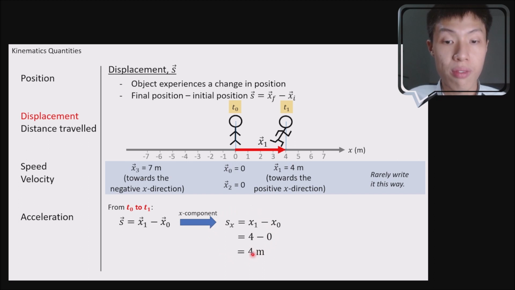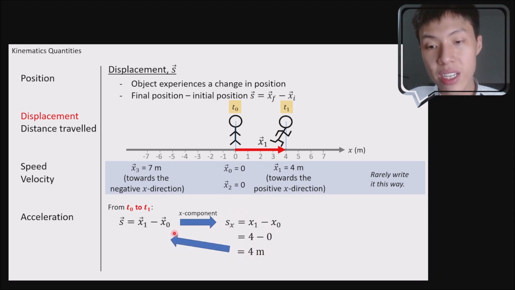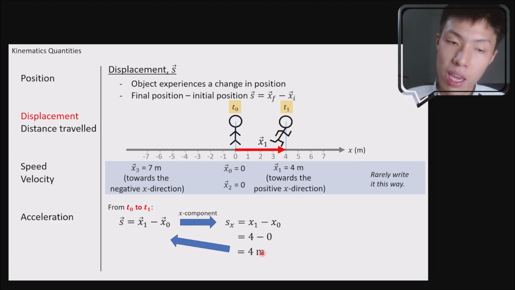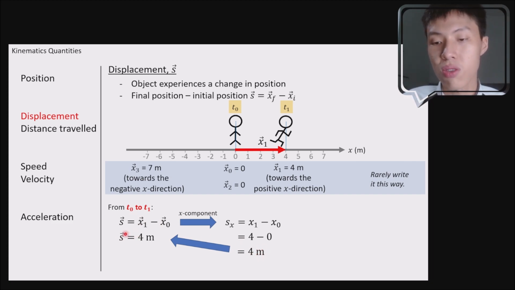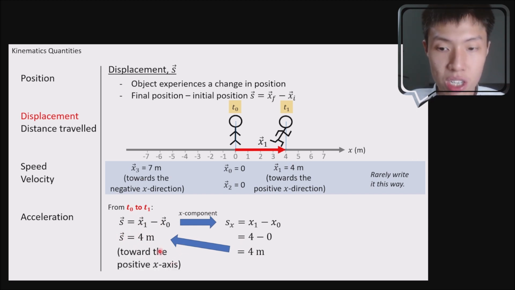So once we have done that already, we can bring the answer back into vector form. We know this 4 here is positive, meaning that it's in the positive x direction. So this one is 4 meters towards the positive x-axis. So what does this displacement mean?